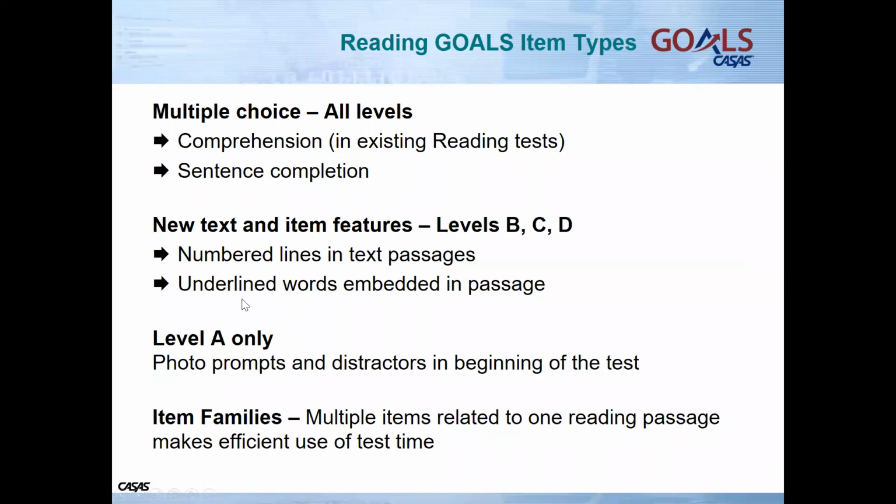We have numbered lines, we have underlined words, but item families is the way that we had them before, where there's more than one item related to a reading passage. But in the new Reading Goals series, we did more of that, to the extent that at level C and D, you'll see some sets of items that have a reading passage with up to 5 items related to them.